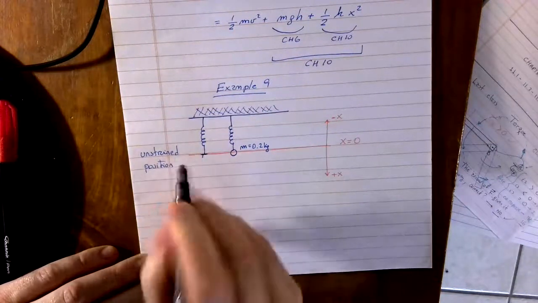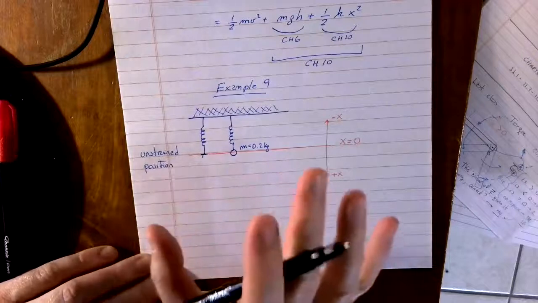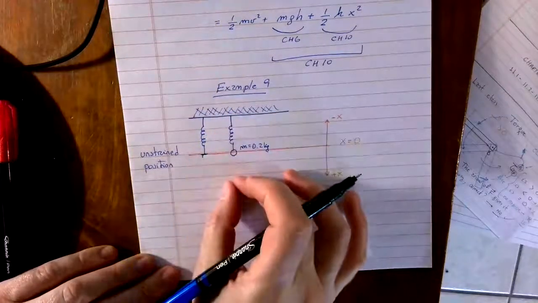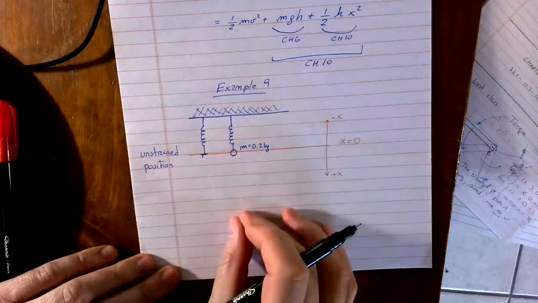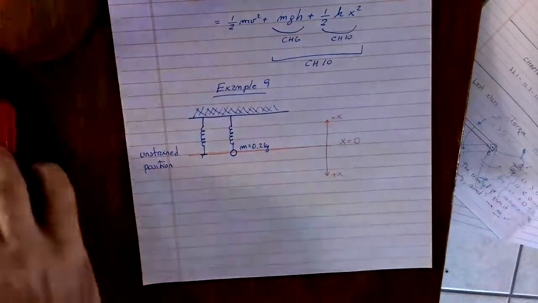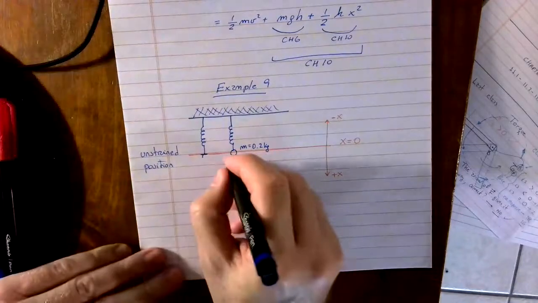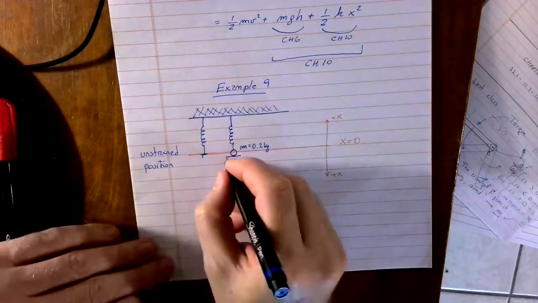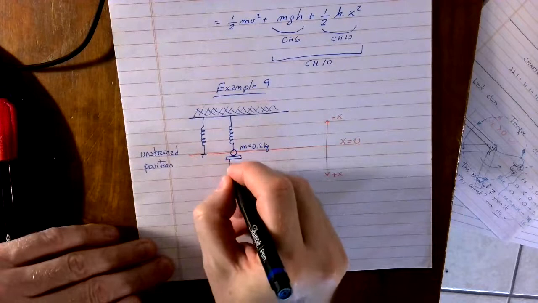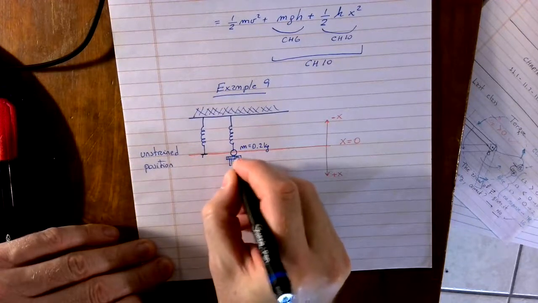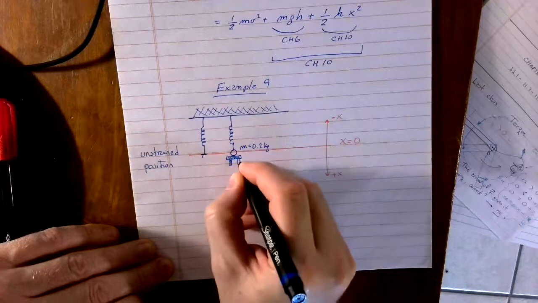So this is the really unstrained position where I do not attach the mass to the spring. As soon as I attach the mass, of course this spring is going to move down, but it's not moving down because we are holding it, either with your hand or with the table or whatever. So you hold it in place.